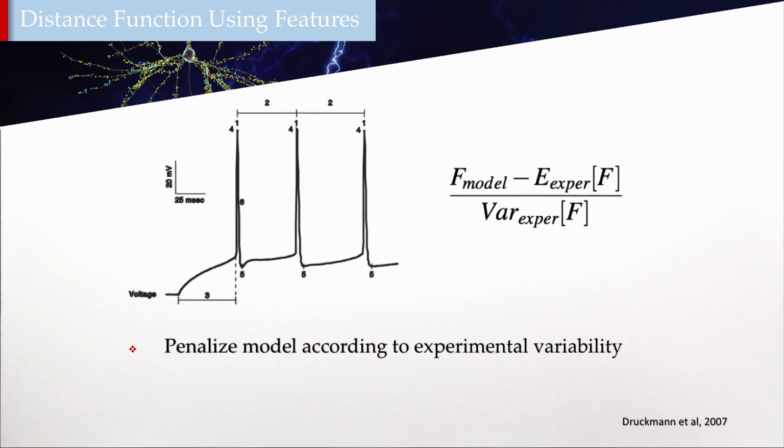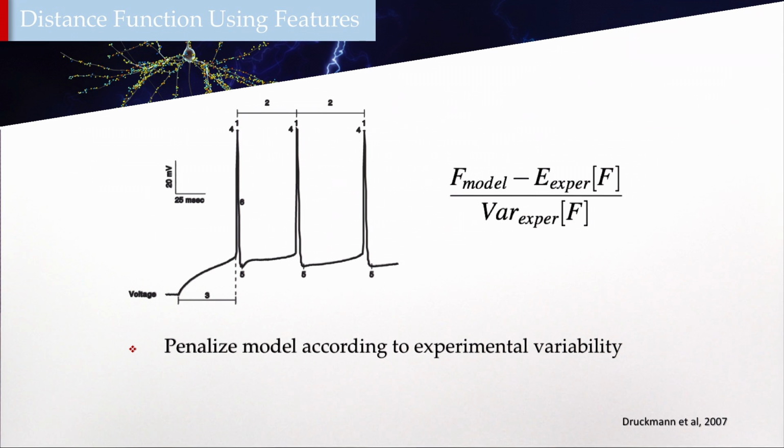On the one hand, you penalize the model according to experimental variability. If the experimental traces are very well constrained within a certain distance, you want the model to have the same property. If the experimental trace is variable in a certain feature, you may not care so much whether you hit it exactly or not.